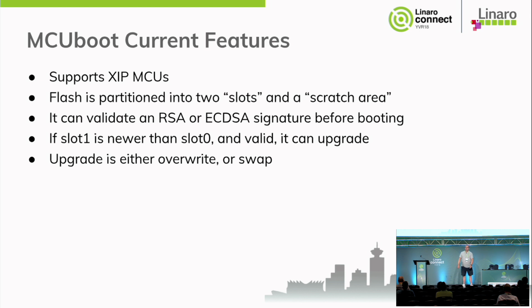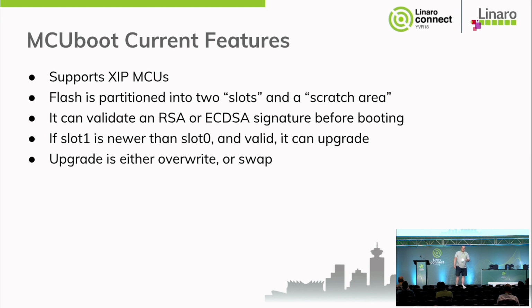So where are we at right now? We support what's called execute in place. I'll get to that in just a minute. So a majority of these MCUs run code directly out of Flash. The Flash is usually on the die with the rest of the SoC. And that Flash is memory mapped into the processor's address space, and it's executed directly there.